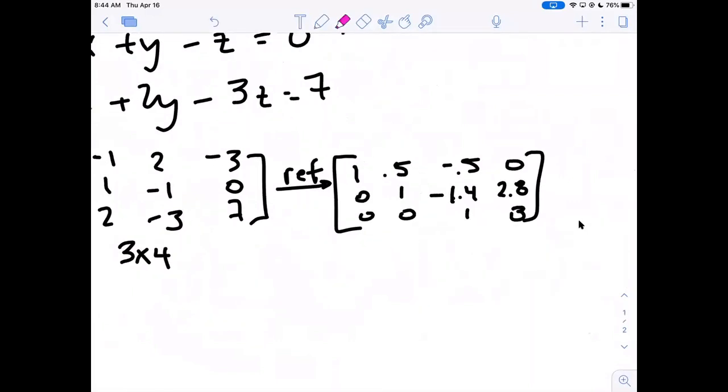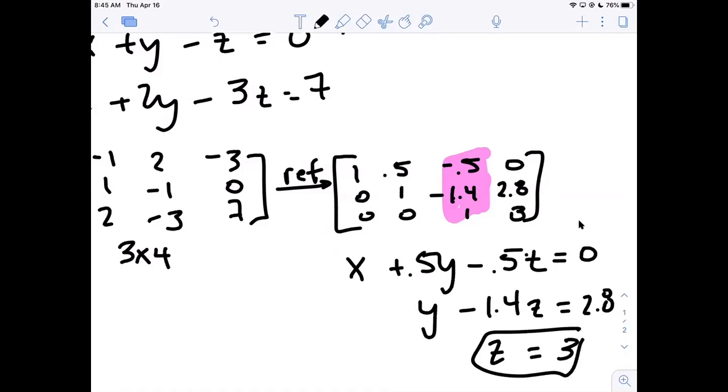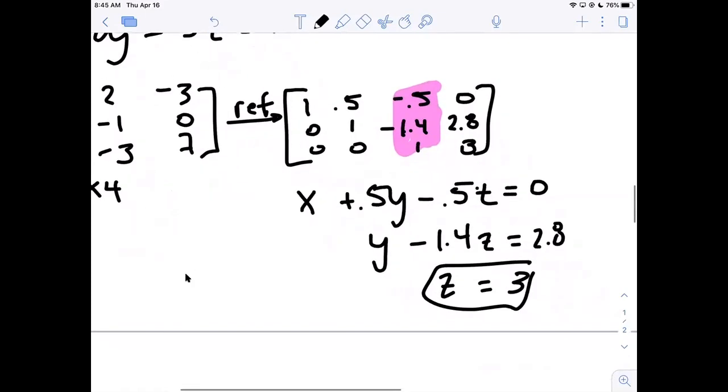I know that this third column is my z's. I can rewrite this as x plus 0.5y minus 0.5z equals 0, y minus 1.4z equals 2.8, and then z equals 3. Z equals 3 is helpful, and I'm going to substitute that back in so that I'm able to solve for my other things. So I've got z right here.